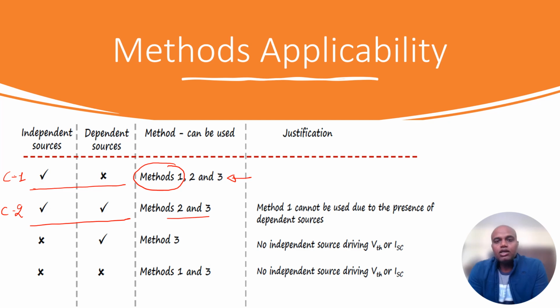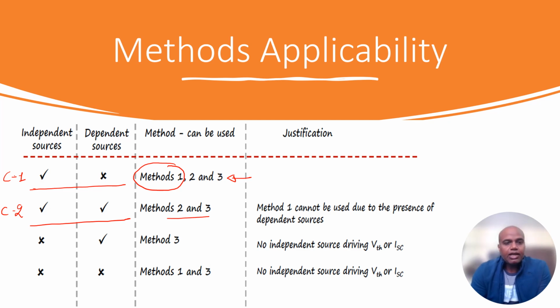Because the information about the internal resistance value of dependent sources is not with us. We do not know the internal resistance of the given dependent sources, so we cannot replace them by their internal resistance. So only method 2 and method 3 are applicable for case 2.